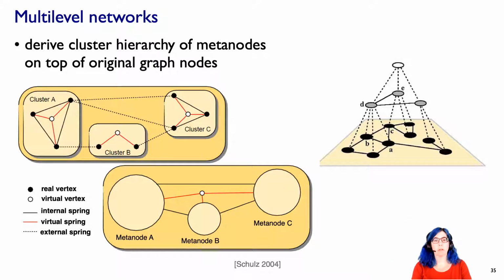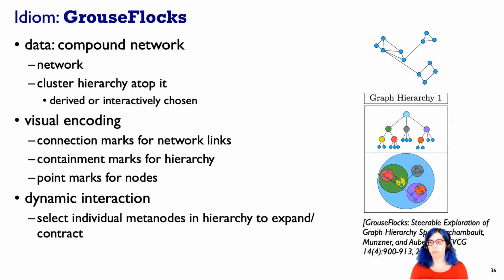What could we do with this? Well, one thing we can do when we've got this kind of compound network is take the cluster hierarchy that we might derive or that we might interactively choose. Here was some work from my own lab, where we were explicitly allowing you to interactively choose what cluster hierarchy you wanted to look at any moment.